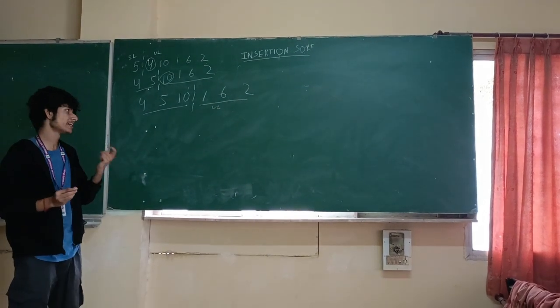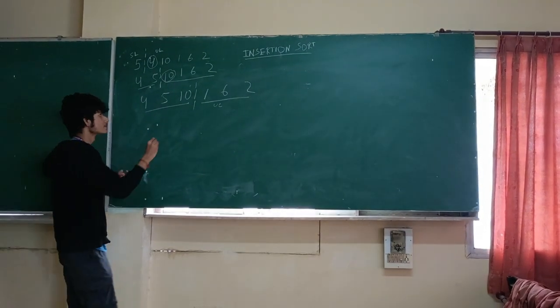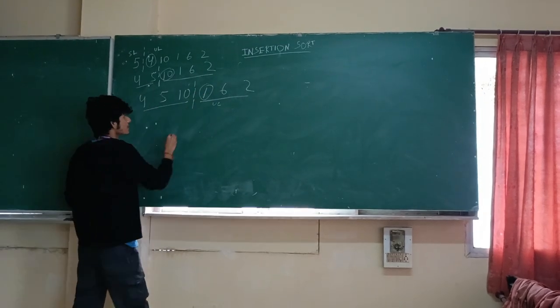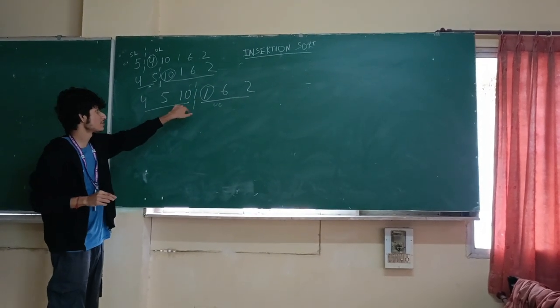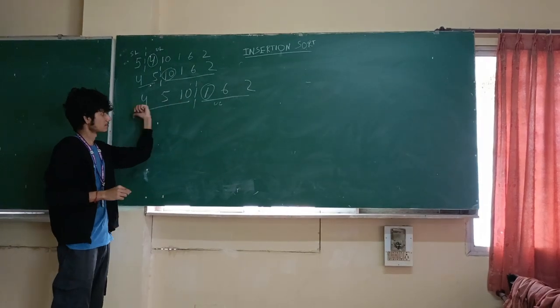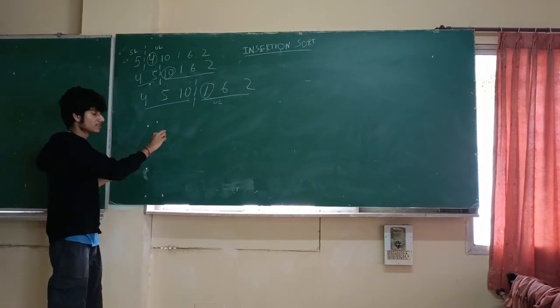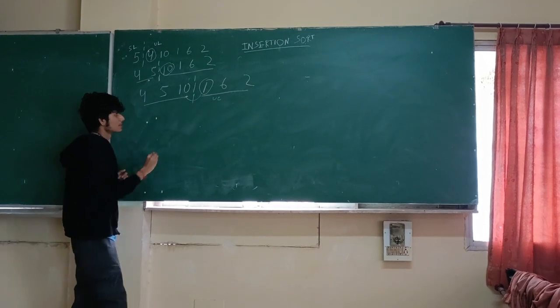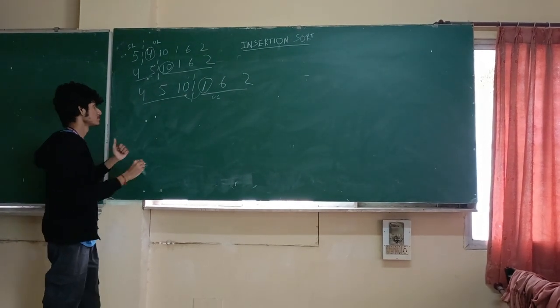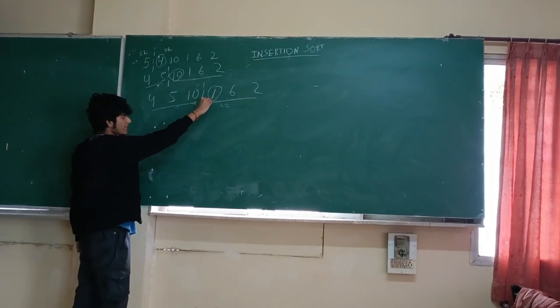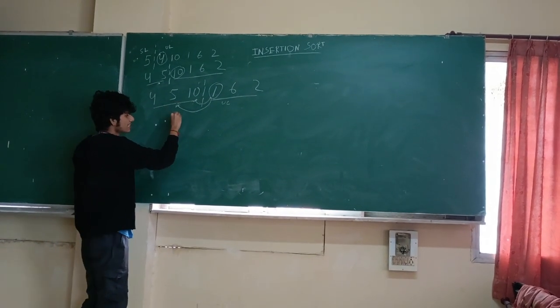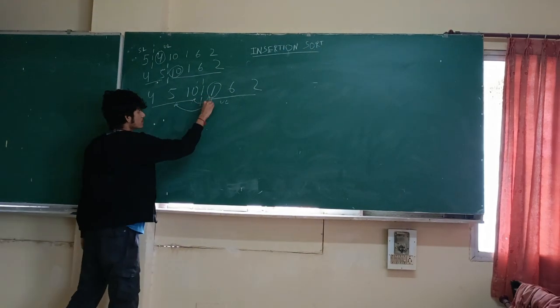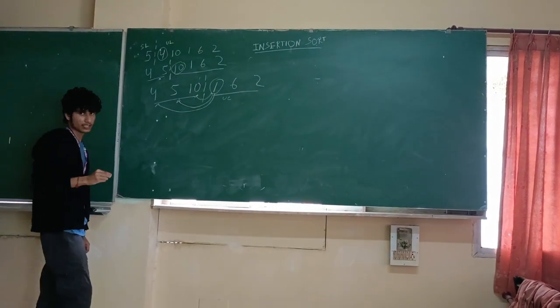Again we will take the first element of the unsorted list and compare with all the elements of the sorted list, from 10, 5, 4 like that. So 1 will be compared with 10. 1 is less than 10, so we will swap. Then we go to the next comparison in the sorted list. 1 is less than 5, yes. 1 is less than 4, yes.